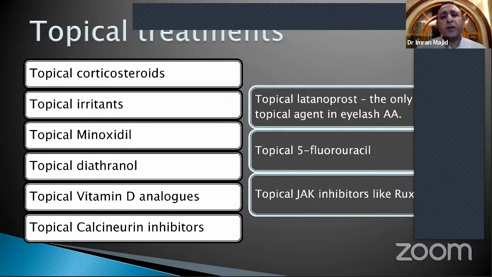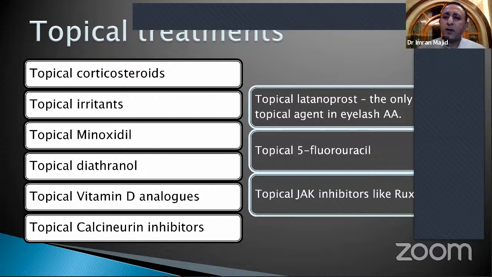So what are the typical treatments that we have? We have topical treatments like topical corticosteroids, topical irritants, topical minoxidil, topical dithranol, topical vitamin D analogs, and topical calcineurin inhibitors.